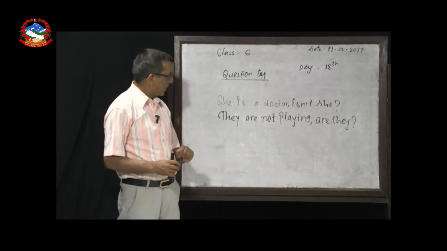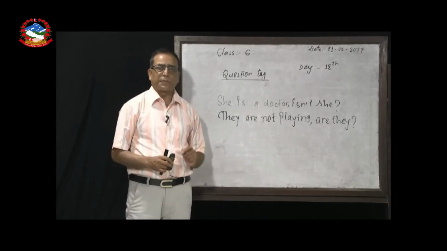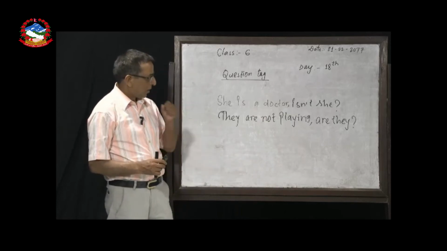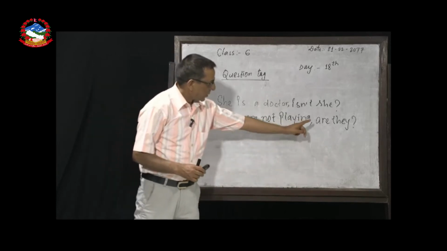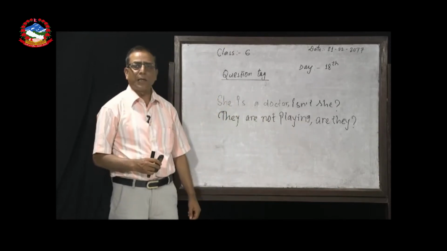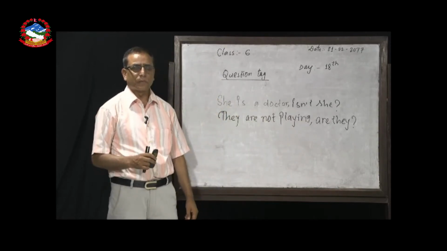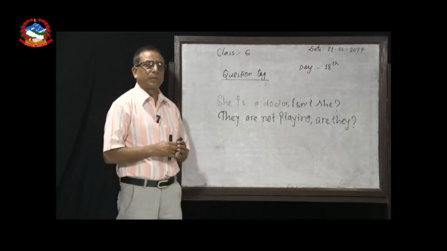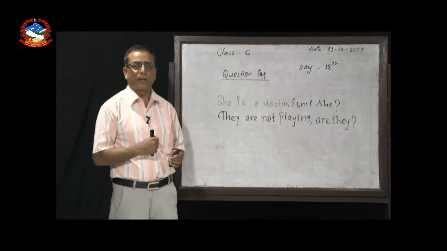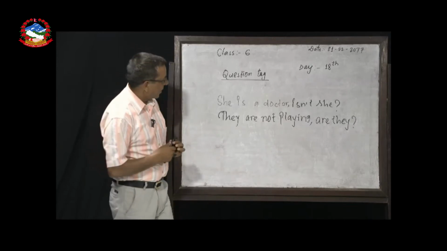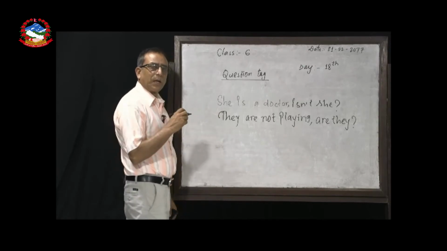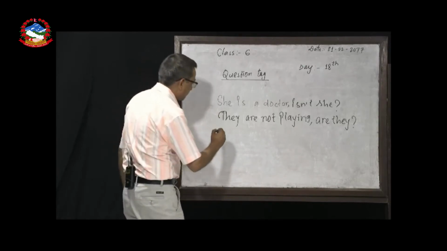Now, in this sentence, they are not paying. It is a negative statement. So the tag is positive here. Are they? But in another statement, if the statement is positive, the tag must be negative. Now you have to see another example.